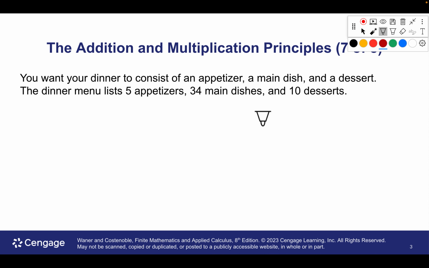I sort of said it: 3 choices, 3 courses. We get to choose each one of those. This is my technique: I put 3 lines, because I'm going to make 3 choices. I'm going to choose an appetizer, a main, and a dessert. So for my appetizer, how many different choices do I have?